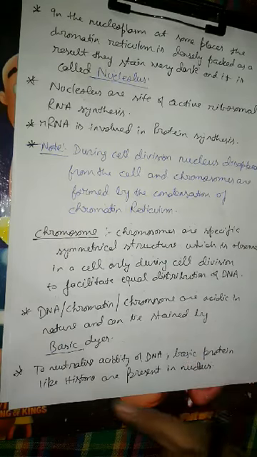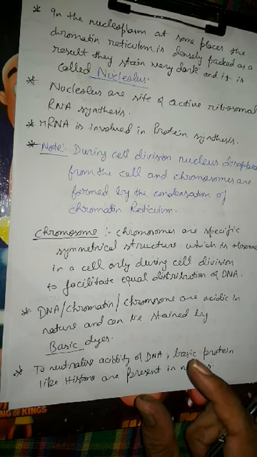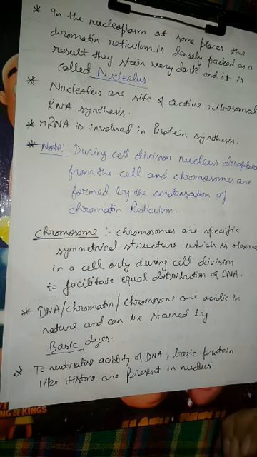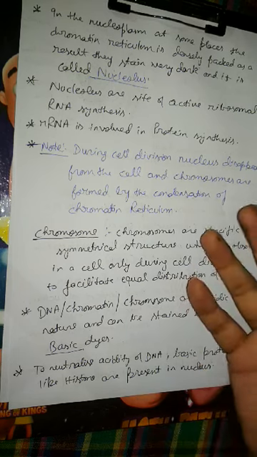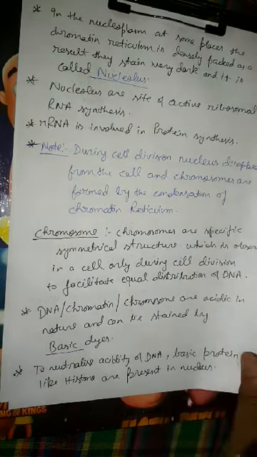Apart from histone, one more protein is there, that is called NHC, non-histone chromosomal complex. That also you will study in class 12. Here only basic things about the chromosome you should know.